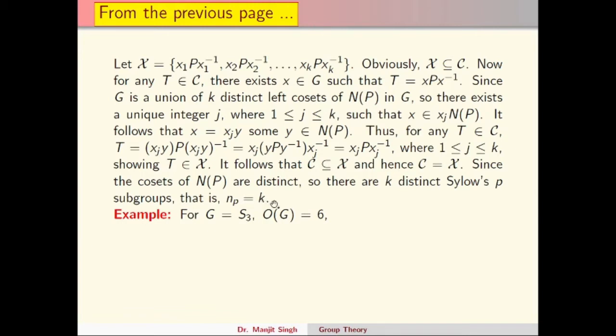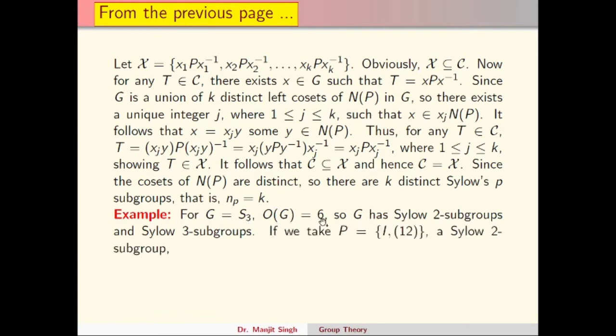This is an example where we are considering the symmetric group of degree 3 having 6 elements. It will have Sylow 2-subgroups and Sylow 3-subgroups, as 2 and 3 are primes dividing 6.